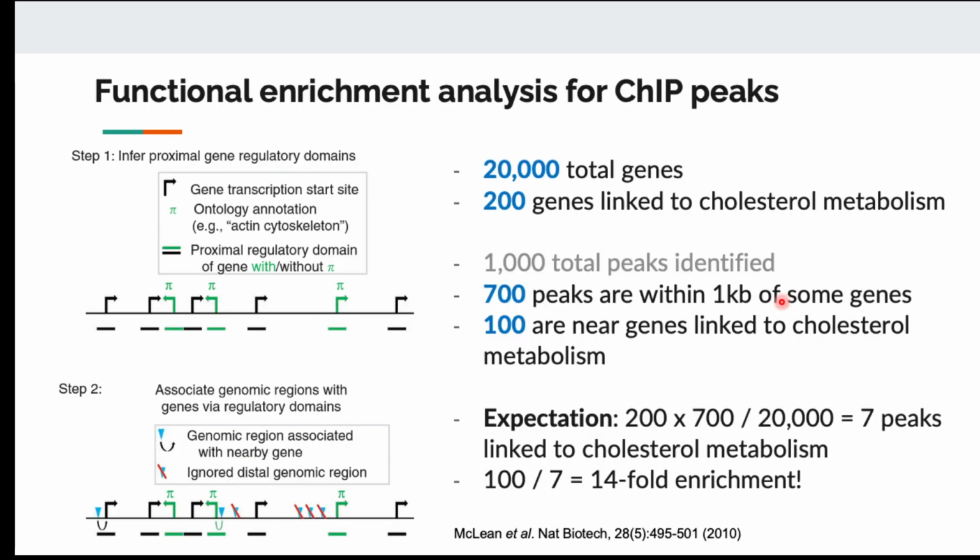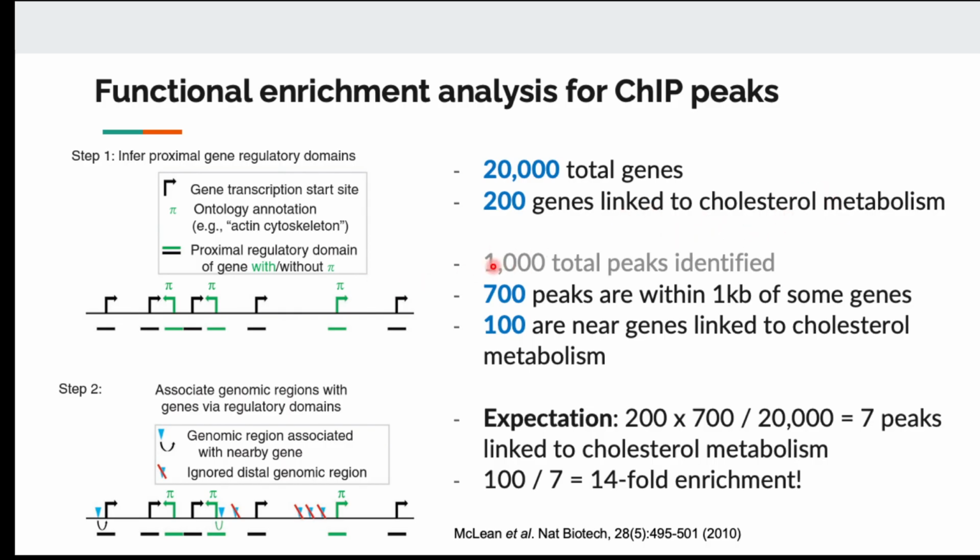So let's see a more concrete example for ChIP-seq data. So we have ChIP-seq peaks, and then we link them to certain genes that link to the transcription start site. And some genes in green, these genes have a certain function. So let's say I'm changing to cholesterol metabolism here. So out of 20,000 genes, we have 200 that are linked to cholesterol metabolism.